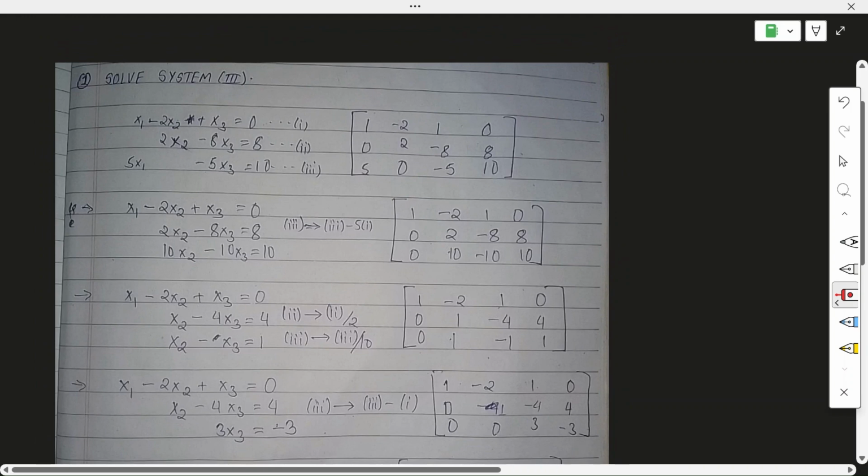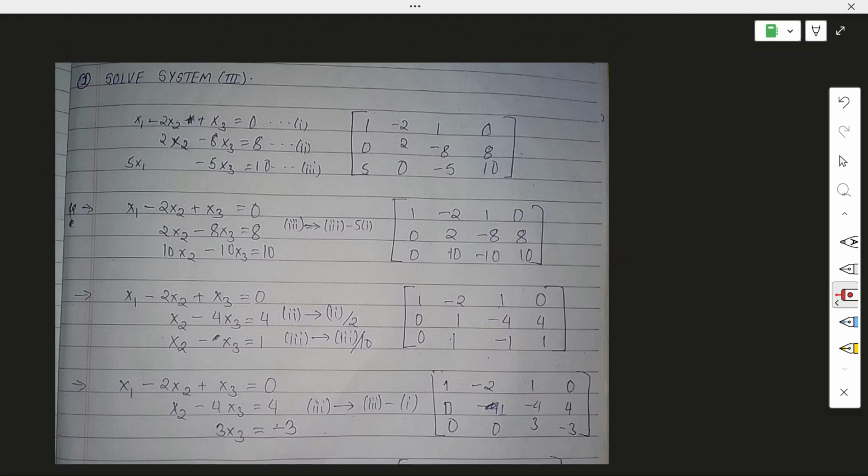First, we write the system as an augmented matrix. Then we make these entries 0. There is a 0 and a 5. We will make both of them 0, as this part is already 0.